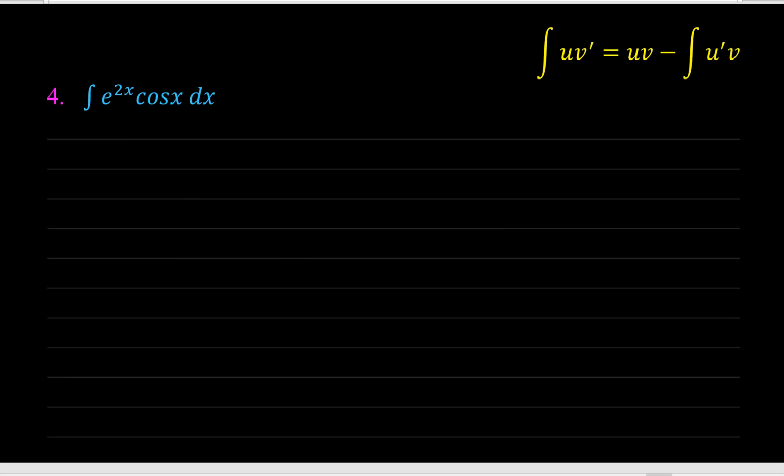So have a look at that one. Have a think. What are we going to let our u's and our v's be? So we'll stick with u equals e to the 2x, and v equals our cos x. So go ahead and finish that off to get the first line.